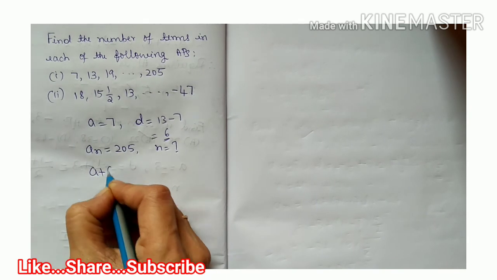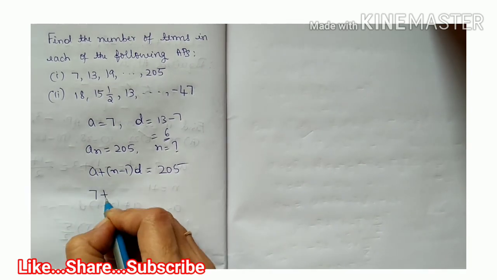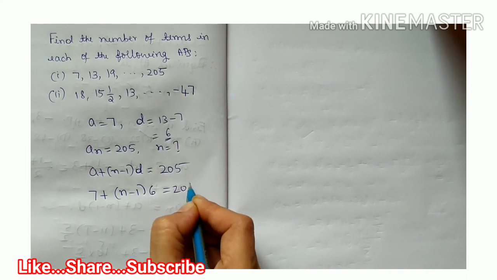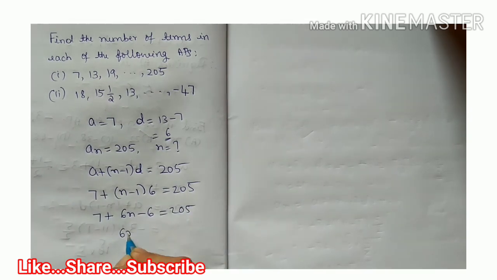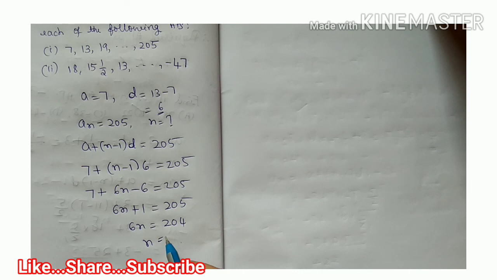We know a plus n minus 1 into d is 205. A is 7 plus n minus 1, d is 6, is equal to 205. 7 plus 6n minus 6 is equal to 205. 6n plus 7 minus 6, that is plus 1, is equal to 205. 6n is equal to 205 minus 1, 204. n is equal to 204 by 6, which is 34.